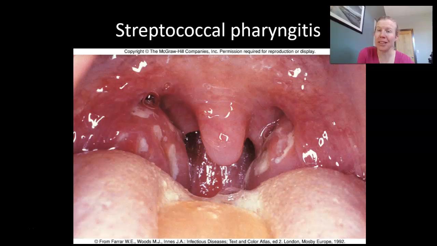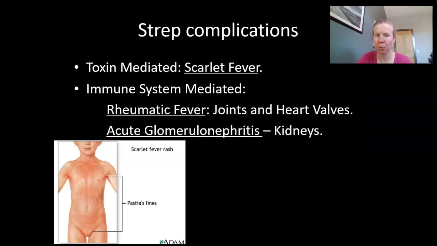And so sure enough, your signs and symptoms, we have this inflammation of the oropharynx, the tonsils you see here on both sides, really inflamed, swollen. This person has a sore throat. They're going to have a fever, very likely a headache. The redness in the throat, and particularly these kind of white pussy patches, is really characteristic.